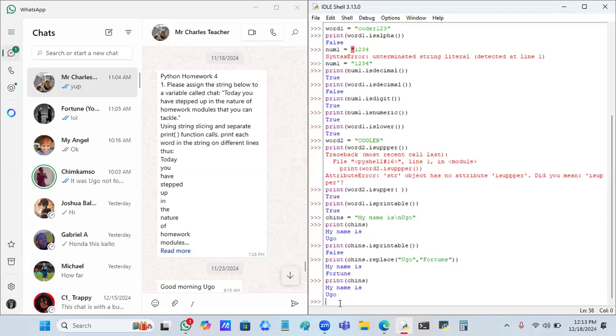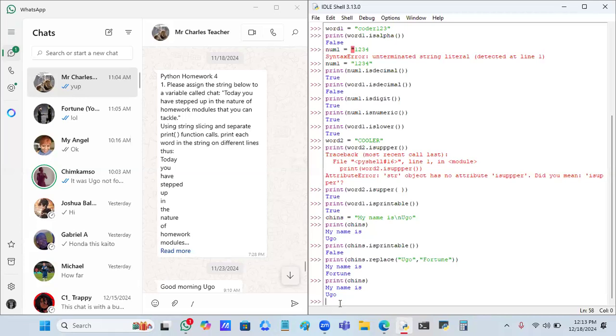STARTSWITH. Is that spelled with starts and with? Yes, just put them together. Starts with, then open and close parentheses. Exactly.